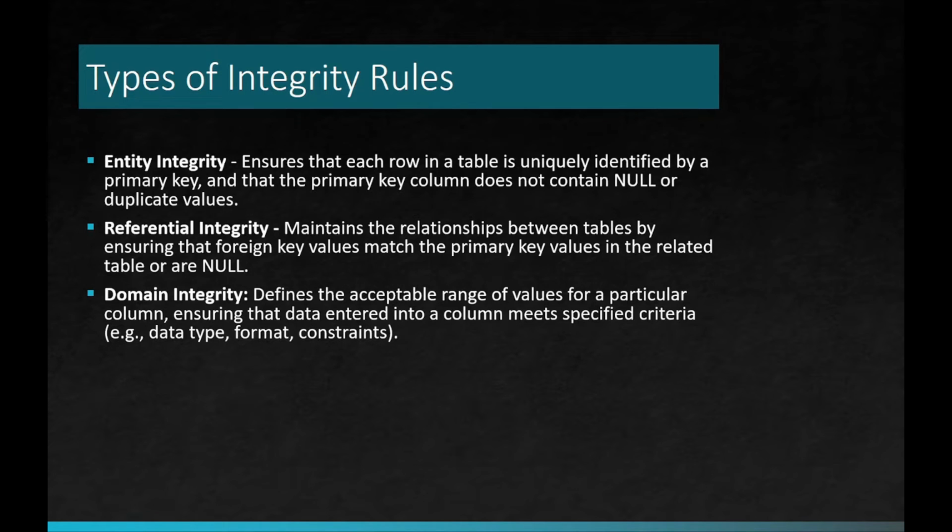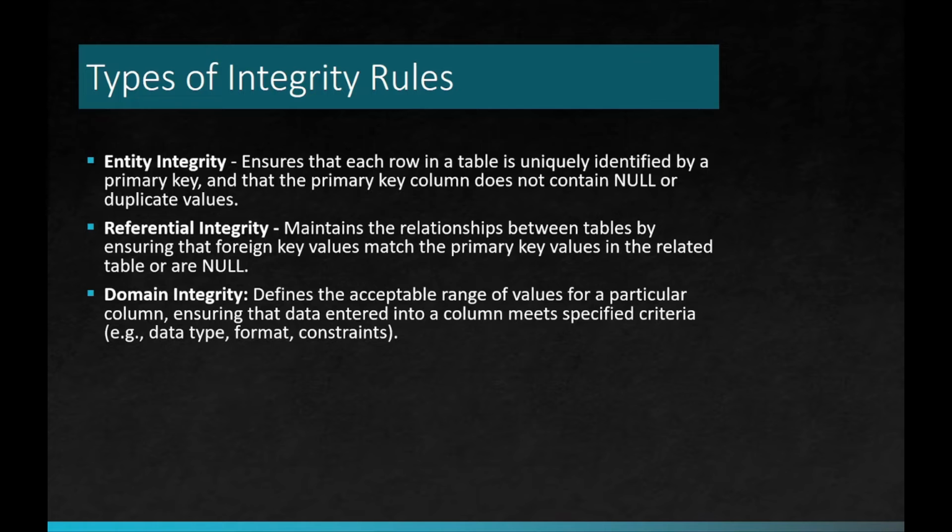Now to enforce this integrity, you will implement what is called a constraint. So when data is entered into the database, the value must be M or F, otherwise the insertion will fail. By implementing these integrity rules, guys, the database maintains consistency and accuracy, preventing invalid or inconsistent data from being entered or stored in your database.